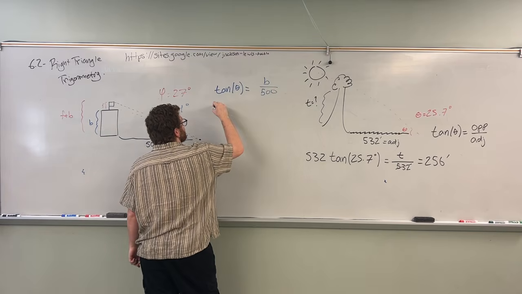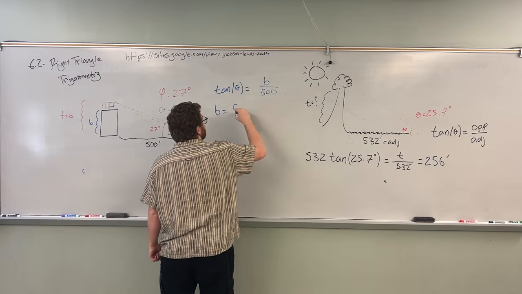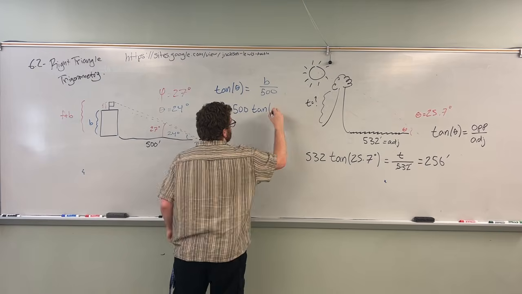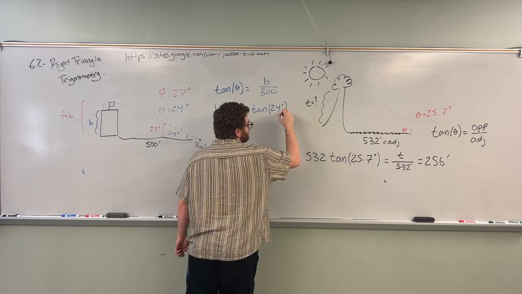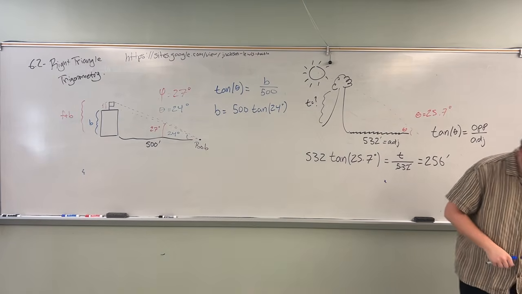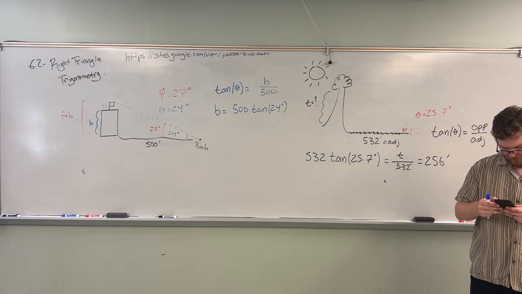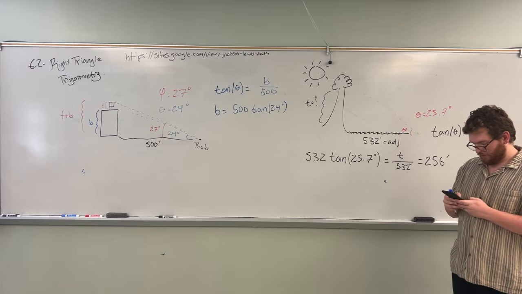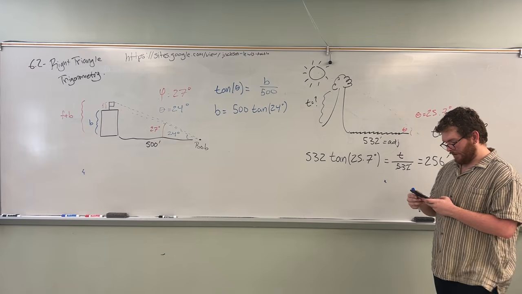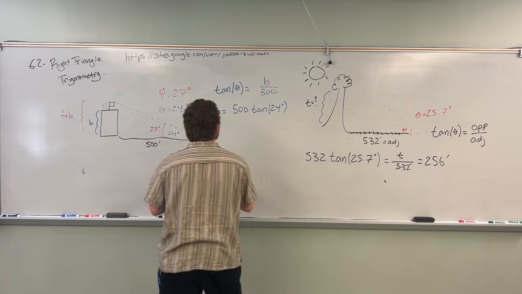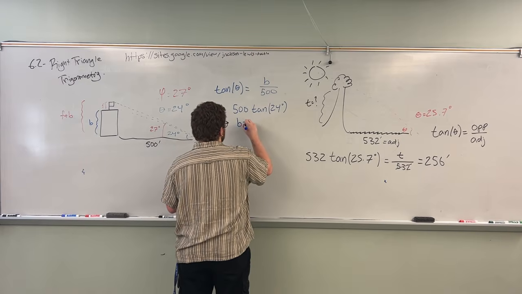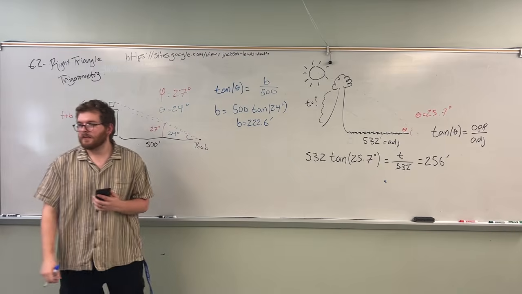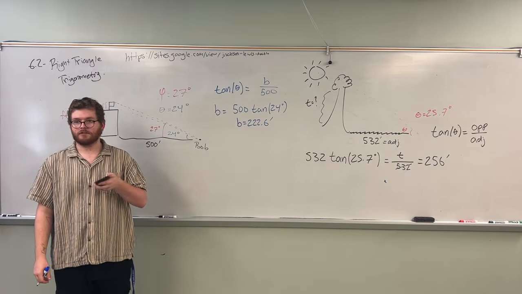And then very simply, B is 500 tan theta, and theta was 24 degrees, and punch that into my calculator. 500 tangent of 24, I get 222.6 feet. Did anyone get the same answer? Good, good, good. Cool.